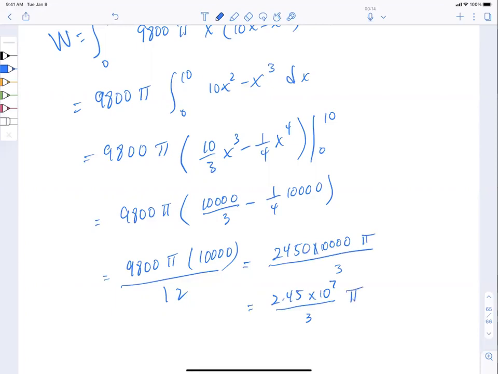That's going to be how much work is done in removing all that water from the tank using a pump that's on top of the tank.